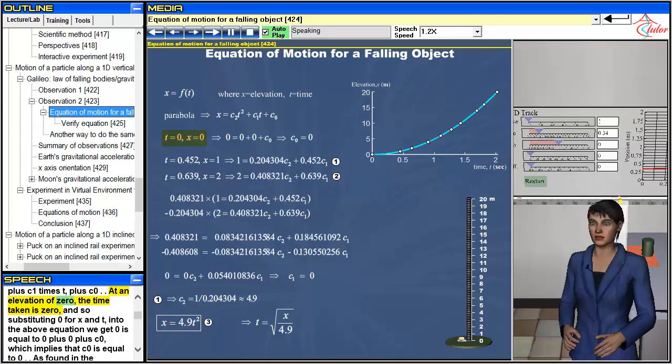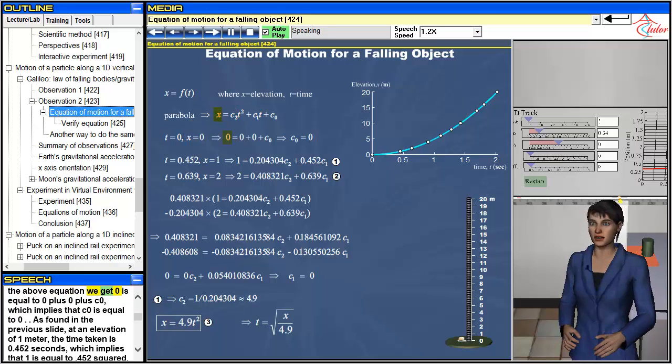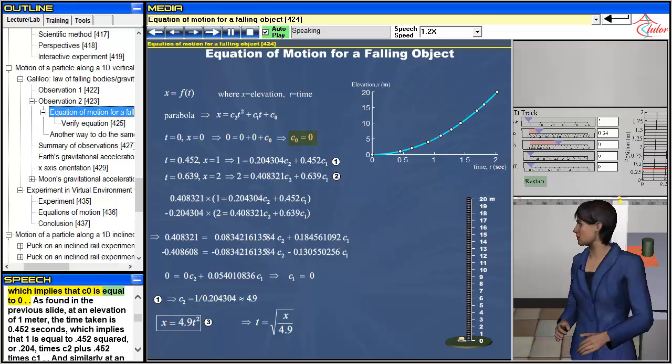At an elevation of 0, the time taken is 0. And so substituting 0 for x and t into the above equation, we get 0 is equal to 0 plus 0 plus c0, which implies that c0 is equal to 0.